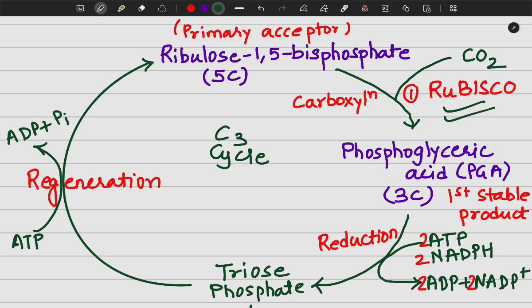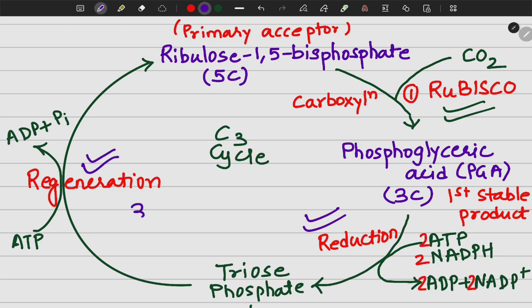Alright, so if we look here, one molecule of CO2 is being utilized for carboxylation, right? And for one molecule, 2 ATP and 2 NADPH in the reduction step and 1 ATP in the regeneration step.